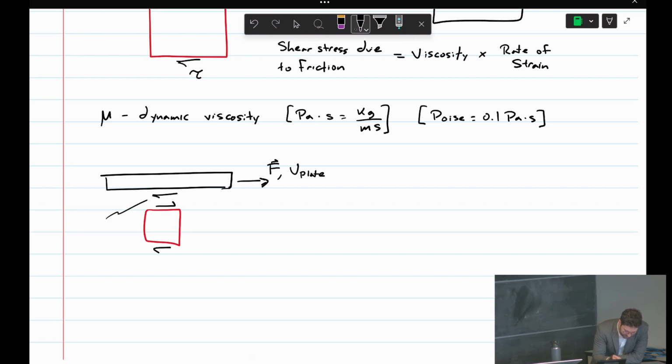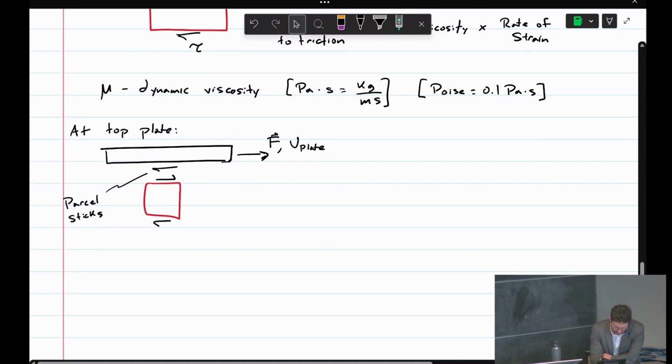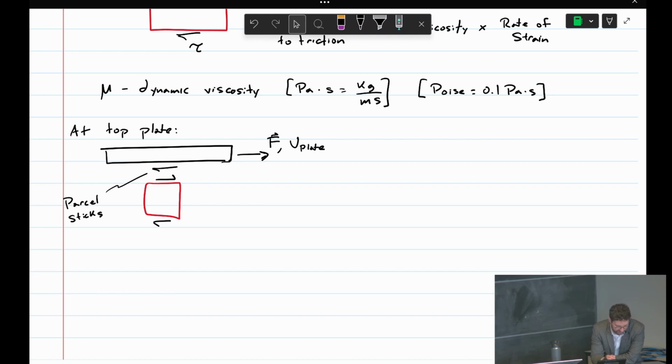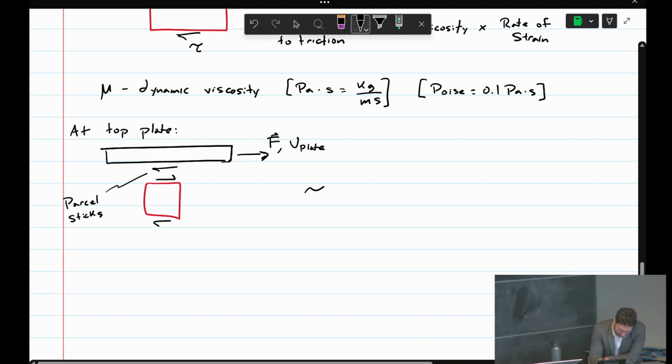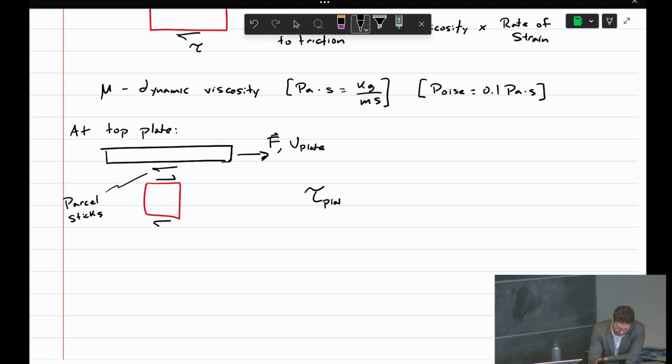By the no-slip condition, the parcel sticks. So the parcels along the top plate are sticking to that top plate. The fluid applies essentially a shear stress on that top plate, which is tau plate equals F plate over area.